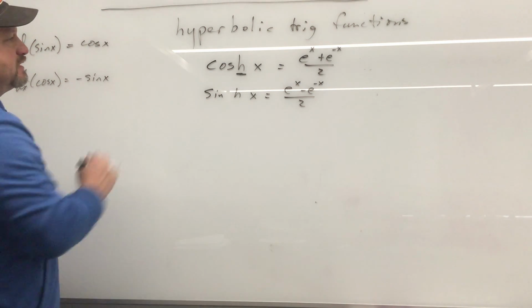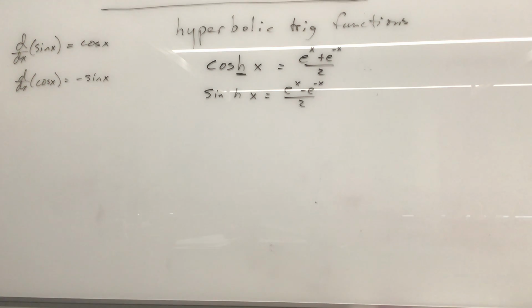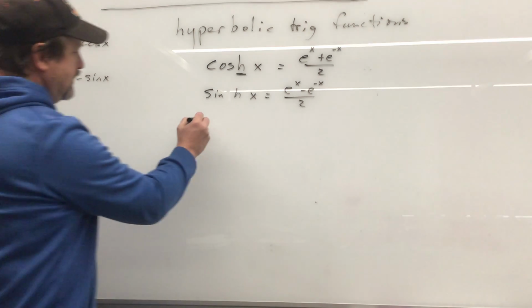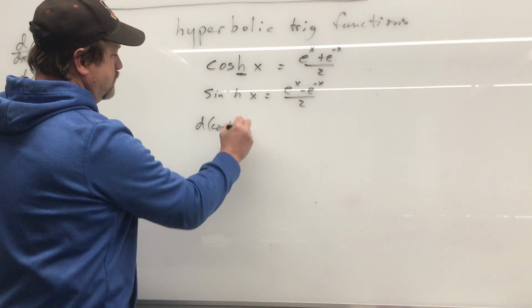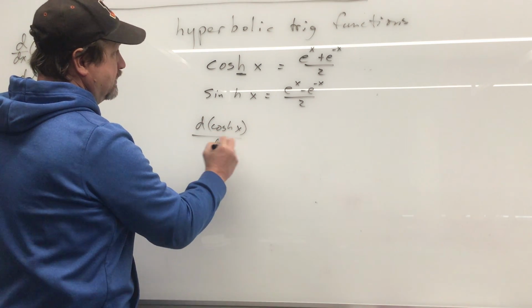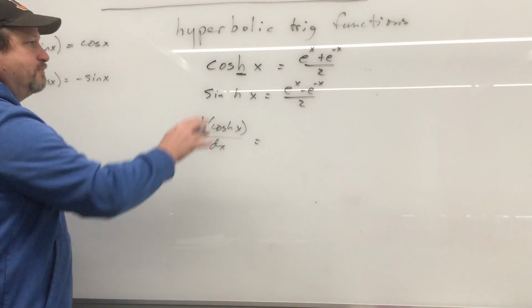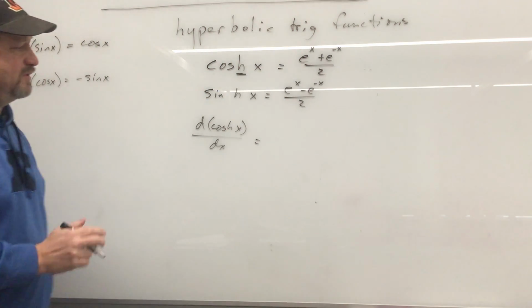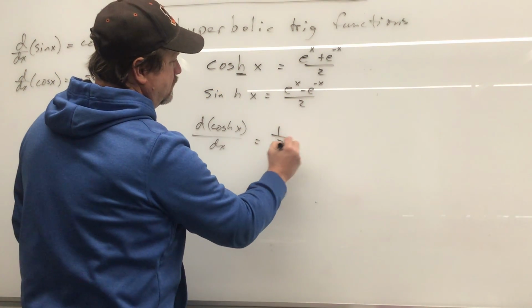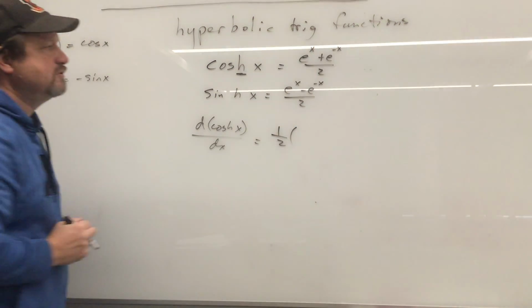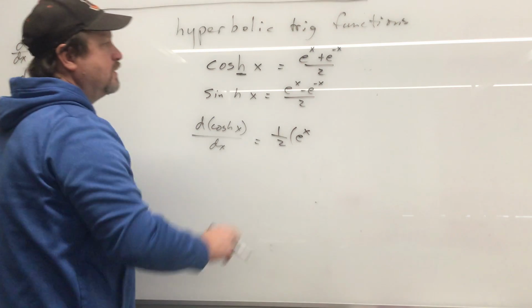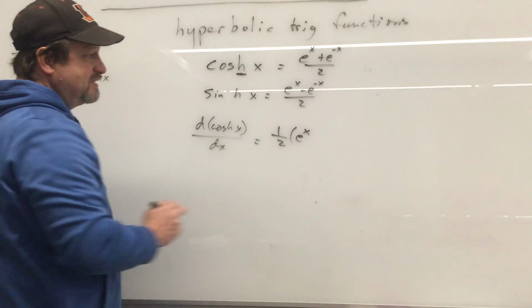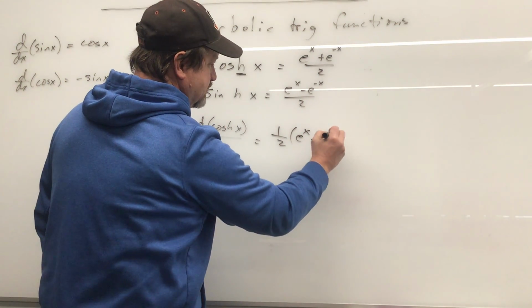But when we look at this and we think about what we know about the exponential function, if I was to take the derivative of cosh with respect to x, well, what would I do? I've got a 1/2 there, first of all. And then I'm just taking the derivative of this numerator. The derivative of e to the x is just e to the x. The derivative of e to the minus x is minus e to the minus x.